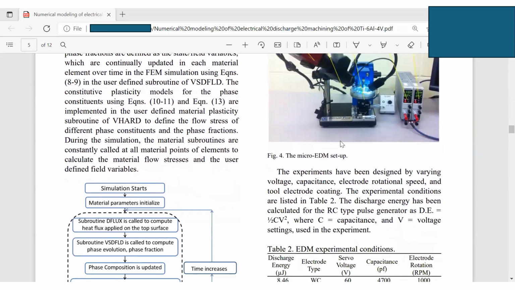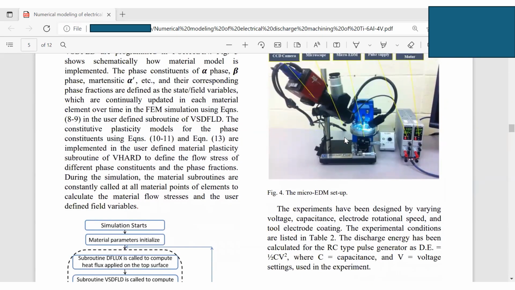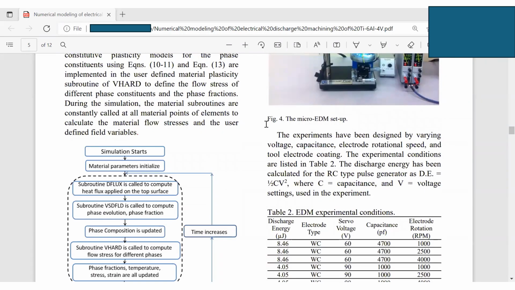Here is this micro EDM setup. This is Dr. Jagan, my collaborator, and this is the setup in his lab, and he used this one to do the experiments. Remember, when we compare numerical results and experimental results, we need to make sure these two have the same machining conditions.